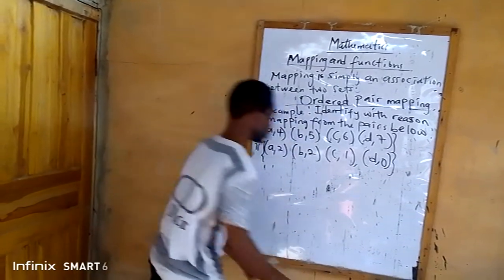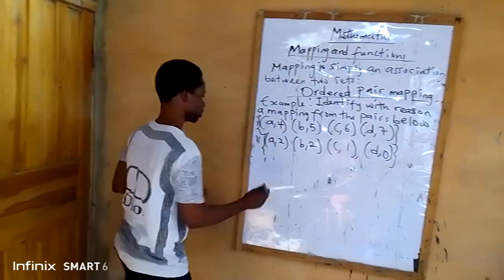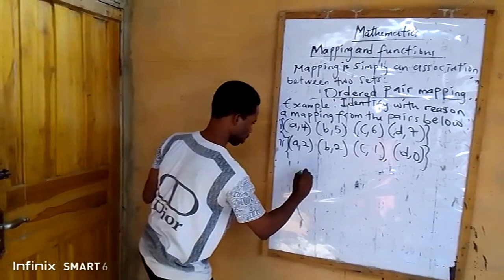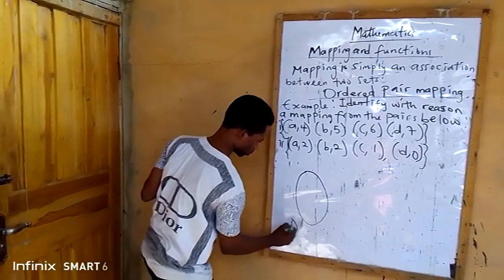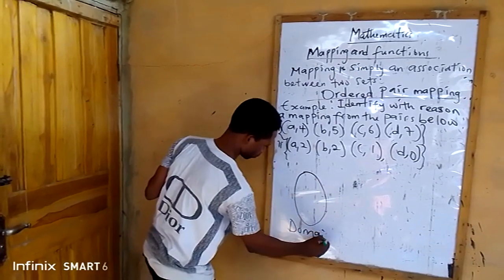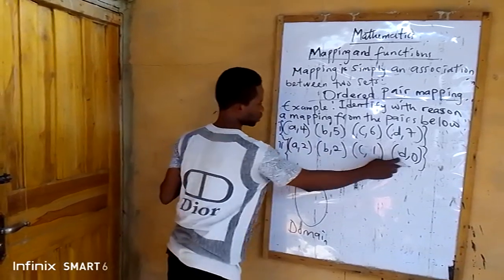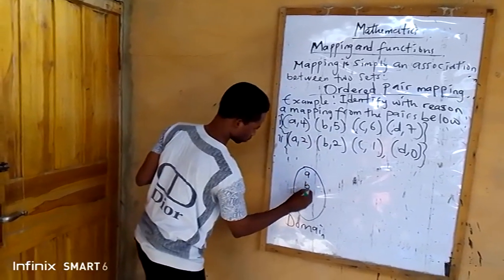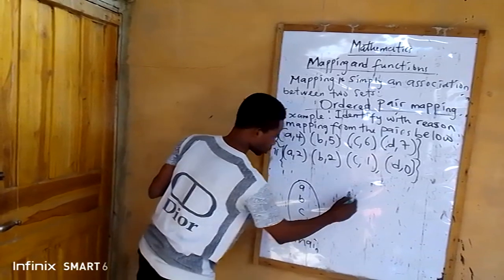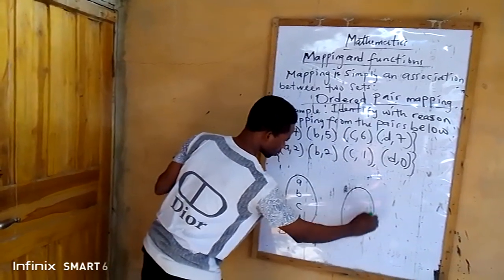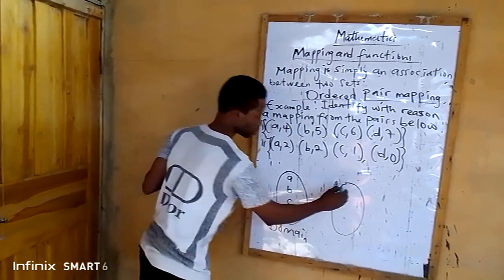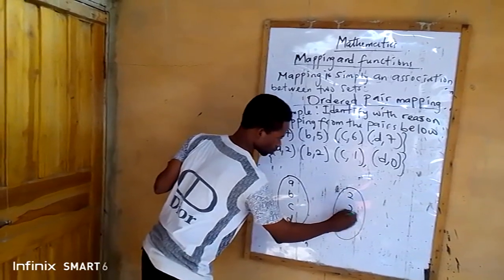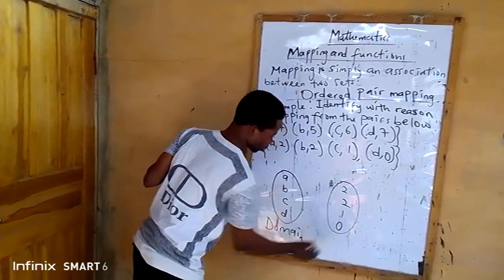Number 2. Now the domain has A, B, C, D. Now the codomain has 2, 2, 1, 0.